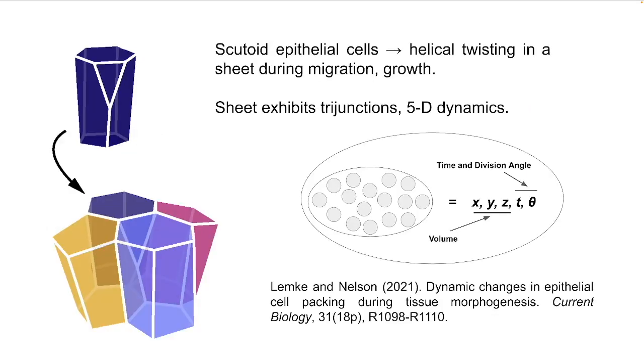This is an example of scutoid epithelial cells. So you saw some of these hexagonal structures in the last image. That's sort of one of these scutoid epithelial cells. That's kind of our model for all of this work. It's not just the top of the cell, which is the hexagon. You also have this 3rd dimension, which goes down.